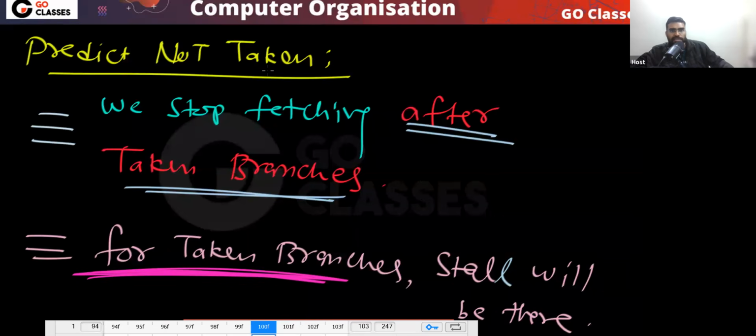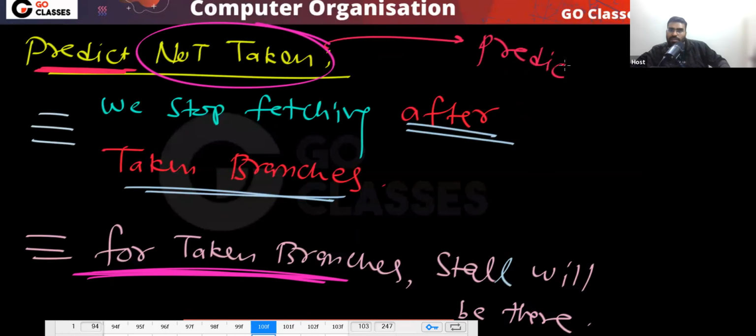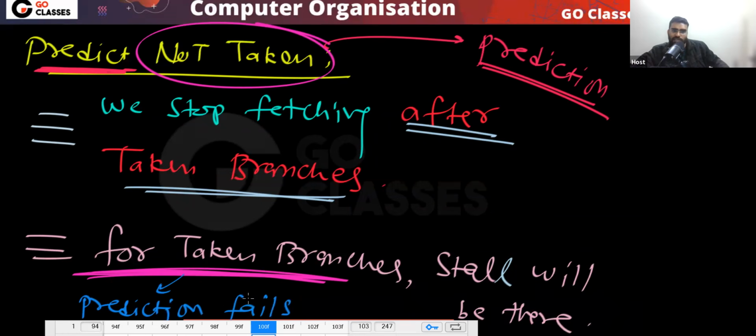Because you are predicting that it will not be taken. This is your prediction. So when the prediction is wrong, here the prediction fails, and then stalls will be there.